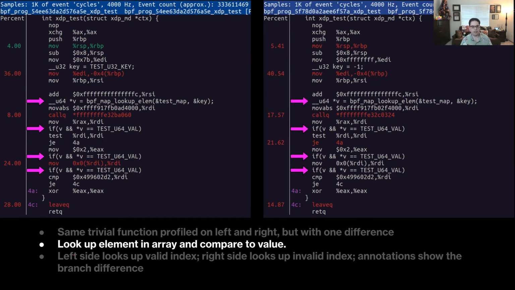So what's going on here? We're actually seeing the breakdown of that if statement. The first piece is we're testing to see if the variable v is null. The second highlight is doing the pointer dereference of v. And the last one is actually doing the comparison of v to the test value.